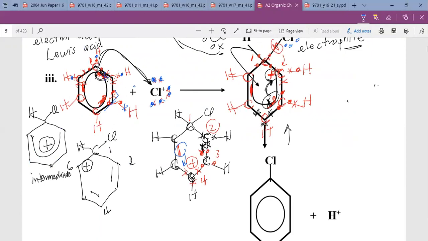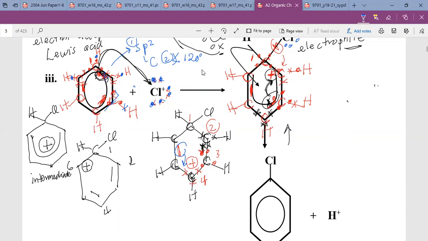Methyl benzene, all the 6 carbons here are sp2. All the angles here, how much? 120. All the angles are 120.